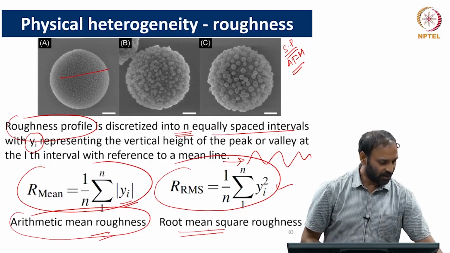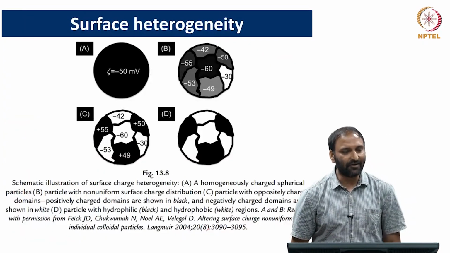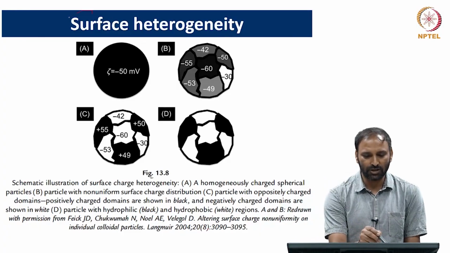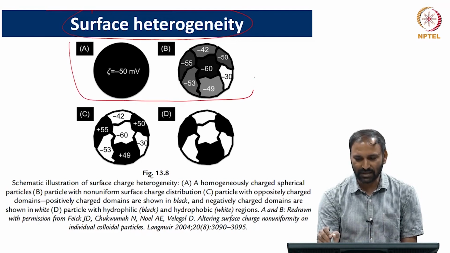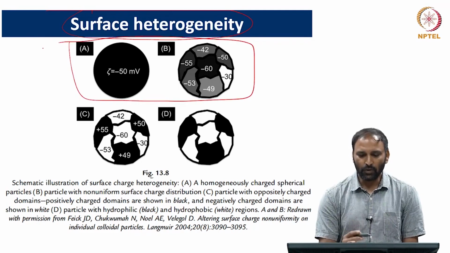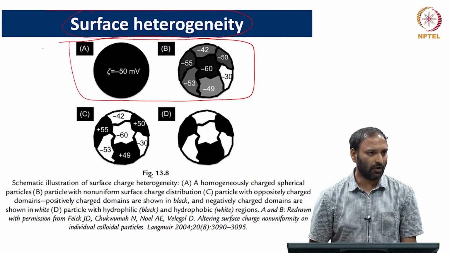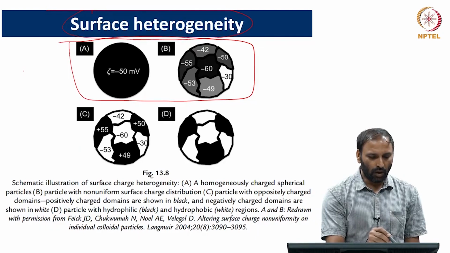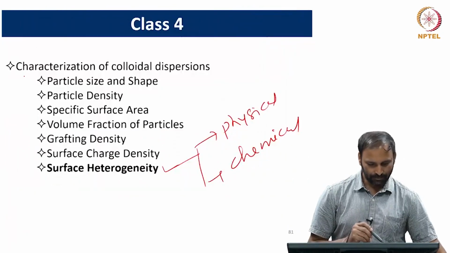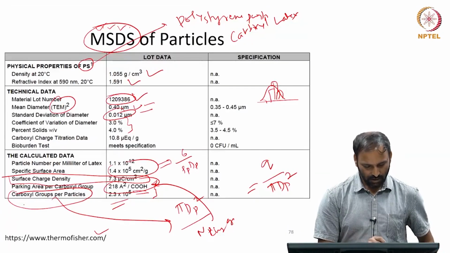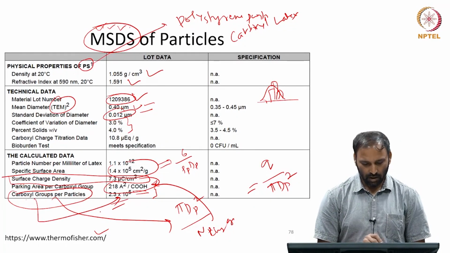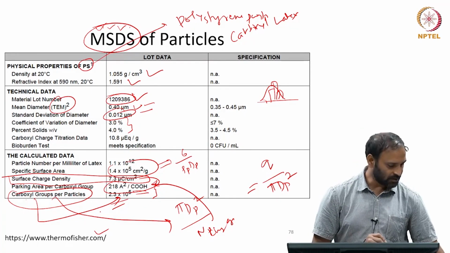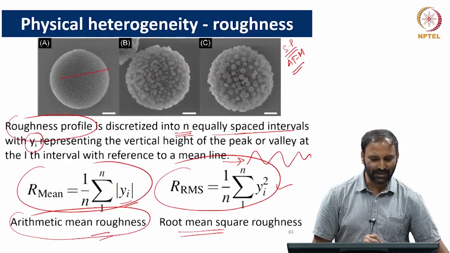Similarly, we roughly touched upon this point that there could also be what is called a surface heterogeneity. What you are looking at is an example where you have a particle which is homogeneously charged. What I mean by homogeneously charged is that we looked at that quantity, carboxyl groups per particle. Now I can do a similar exercise.